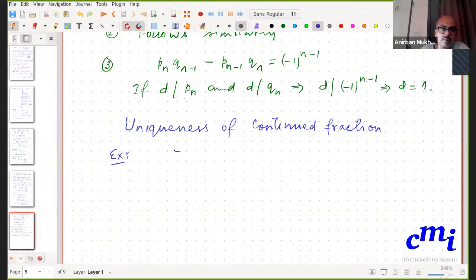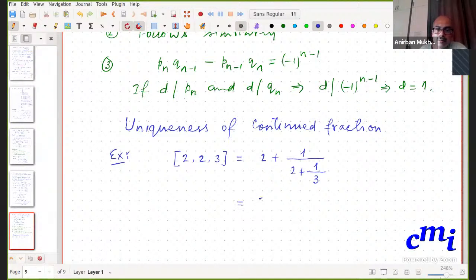Suppose we consider the continued fraction 2, 2, 3. How does it look? This is 2 plus 1 by 2 plus 1 by 3. This is what the continued fraction is.